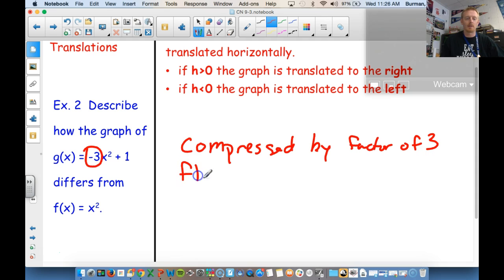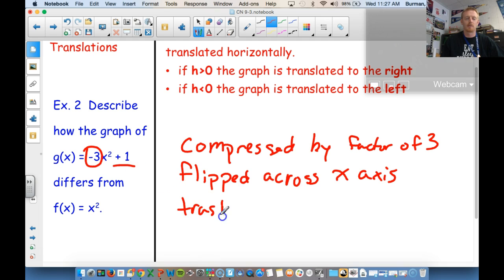It's flipped or reflected across the x-axis because it's negative. And we have a translation of up 1. So it's translated up 1. So those are the 3 things that are happening to this graph from our parent graph. Now in your assignment you'll have to graph both items and then be able to describe the translations that are taking place, or the transformations that are taking place.